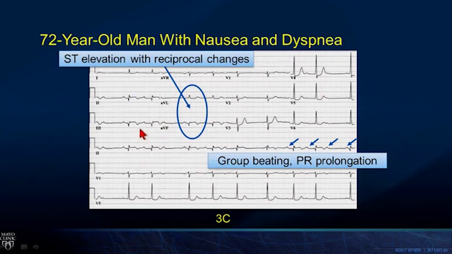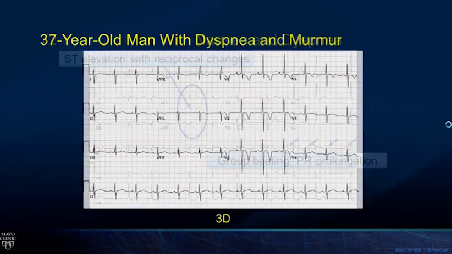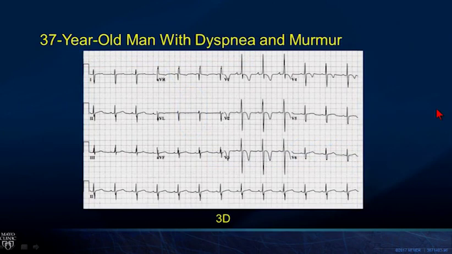And obviously, you see the ST elevation consistent with the inferior MI. So this is a very classic type of ECG that was very much likely to be on the board. It's the kind of bread and butter kind of stuff. All right. Let's move on.